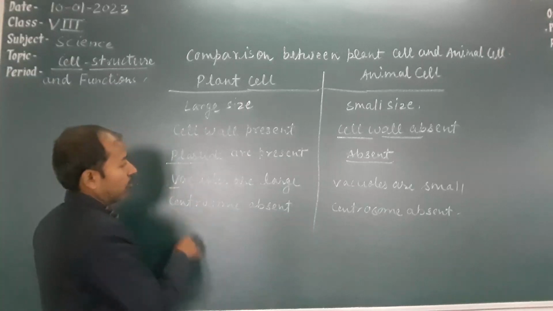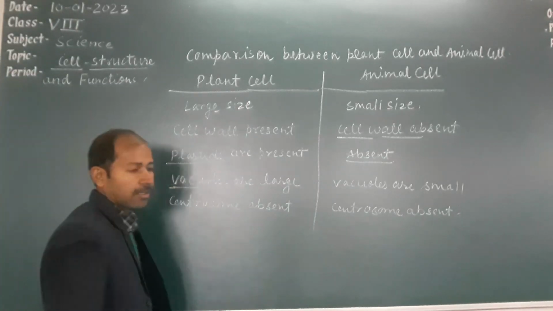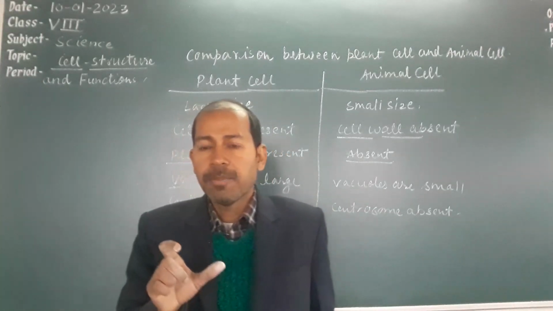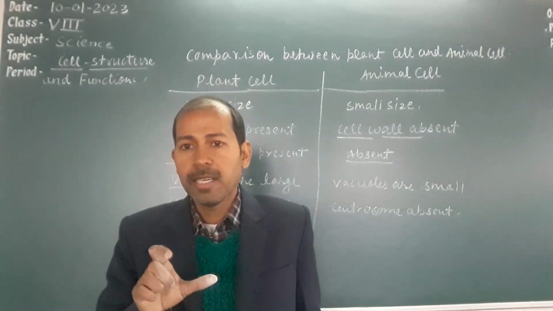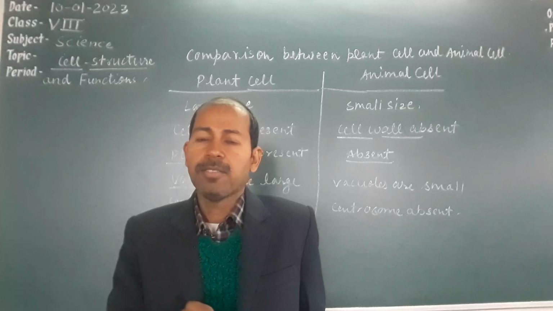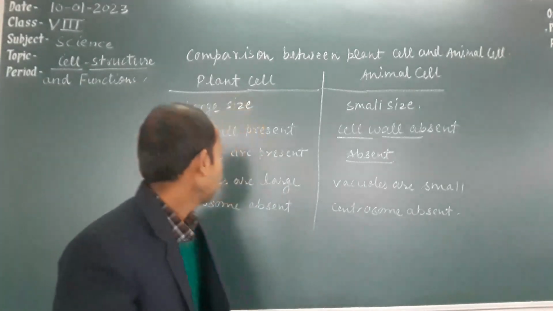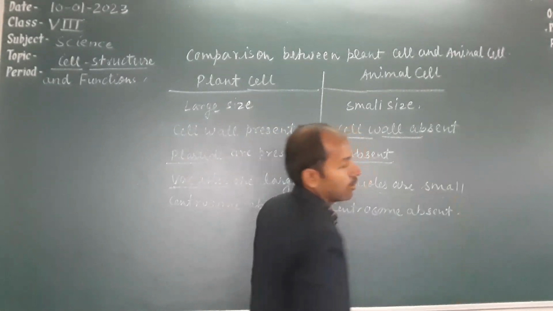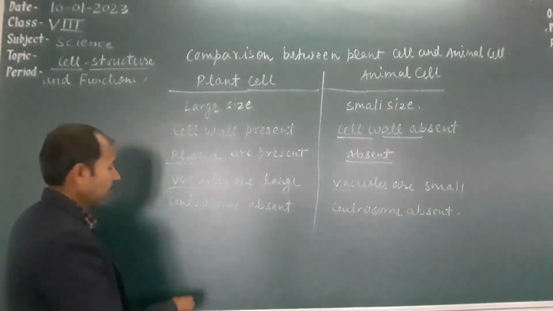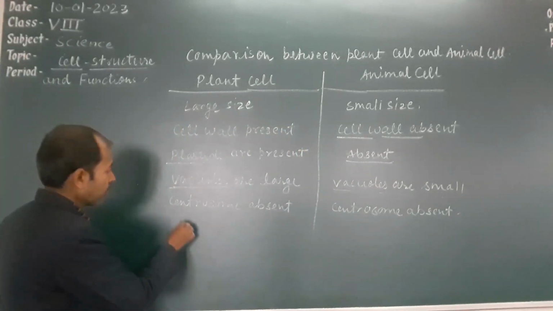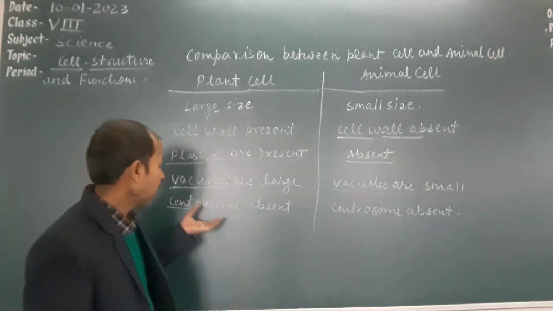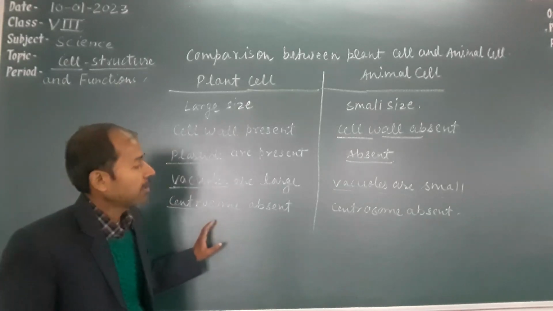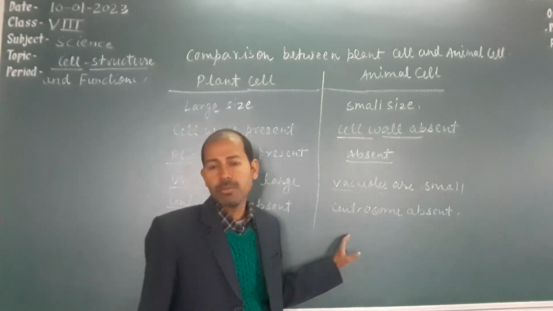If we talk about vacuoles, vacuoles are large, and the vacuole is also a cell organelle which is found in both plant cell and animal cell, but there is a difference that in plant cell the vacuole is large in size and in animal cell the vacuole is very small in size. And the last parameter is the centrosome. Centrosome is absent in plant cell, and in animal cell centrosome is present.